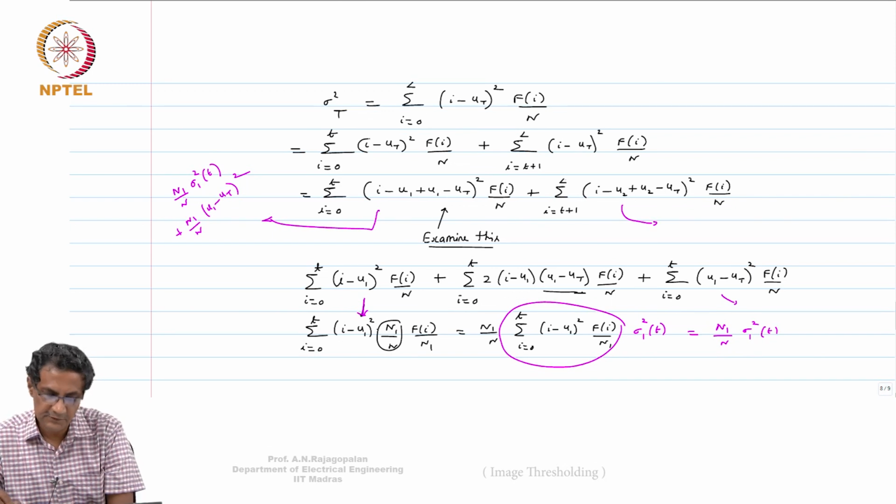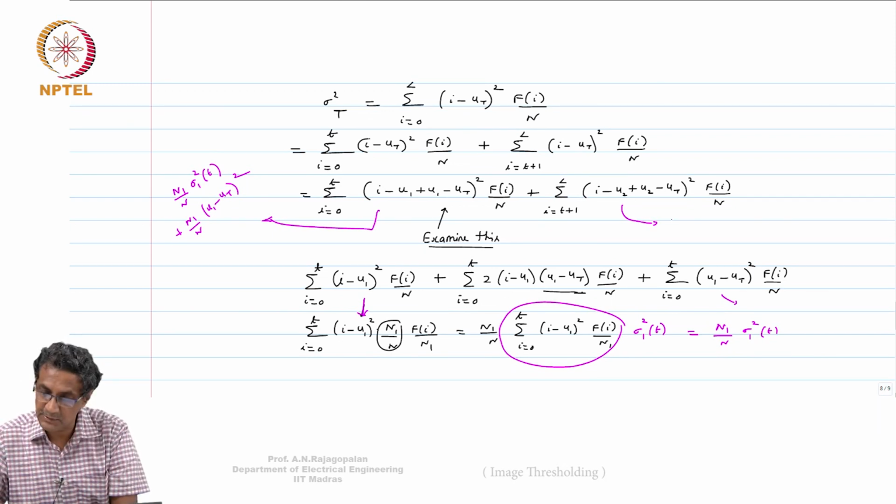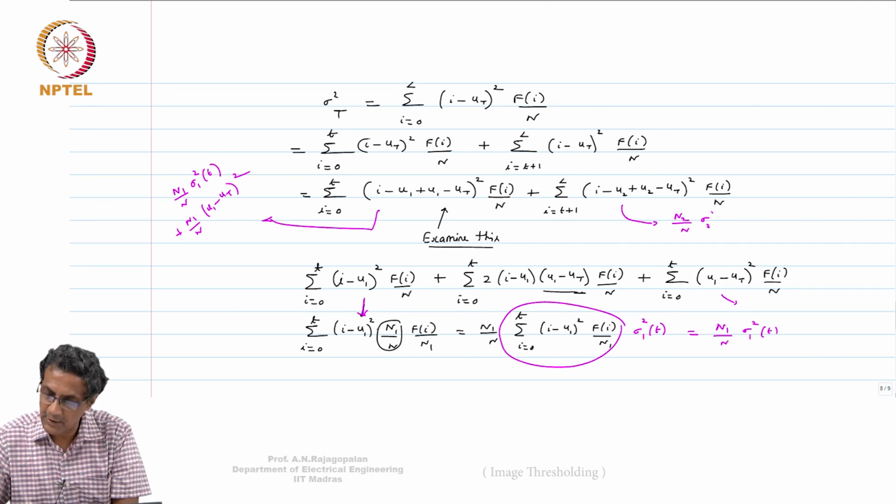Similarly, for the second term, when you do it from i equal to t plus 1 to L, I will leave it to you as an exercise. Please show that this is equal to n2 by n sigma 2 square of t plus n2 by n into (mu 2 minus mu t) the whole square.